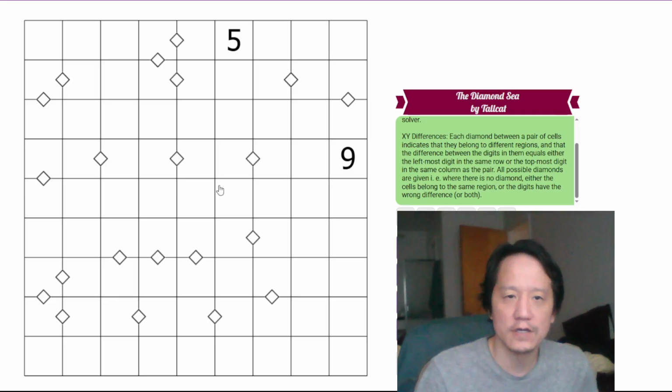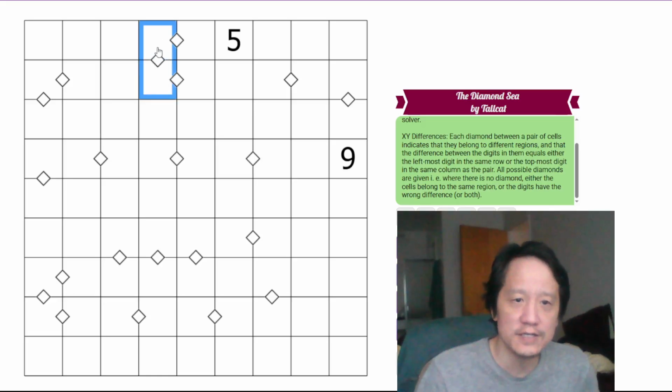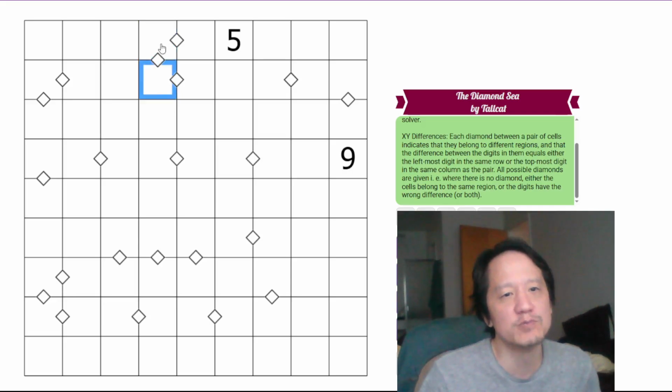Let's go. Okay, so one thing that I figured out is the difference between these two digits is the topmost cell in the column. Well, what is the topmost cell in the column? It has to be this digit. So since the difference between these two digits is this digit, this must be double of what that digit is.